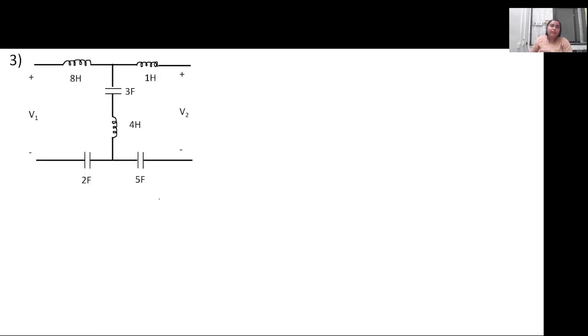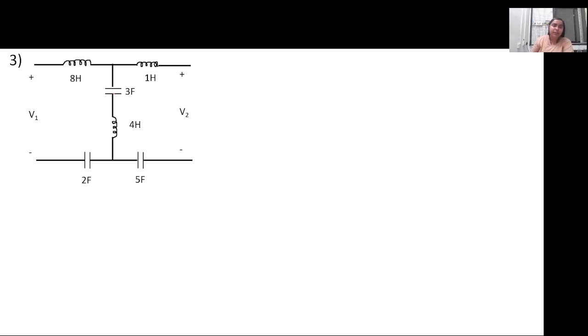Now, the earlier problem was given in terms of J, right? In terms of the impedance. Here, the circuit is given in terms of the individual circuit element values. Like this inductor is given in 8 Henry, the capacitor is given in farads, etc. So if you were to solve this circuit, what you have to do is write it in the S domain, because if you start writing the equations, it will be very cumbersome, right?